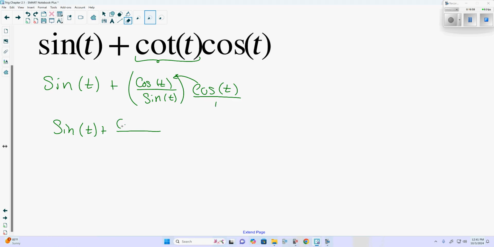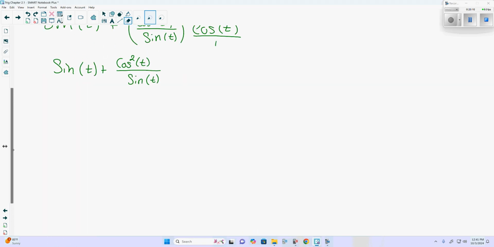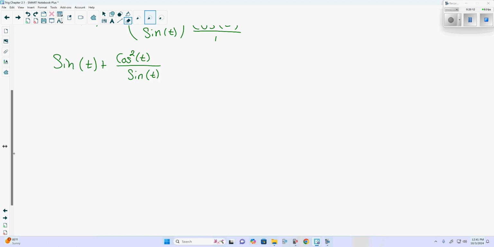So for this here, we get cosine squared of t over sine of t. Questions on this so far?